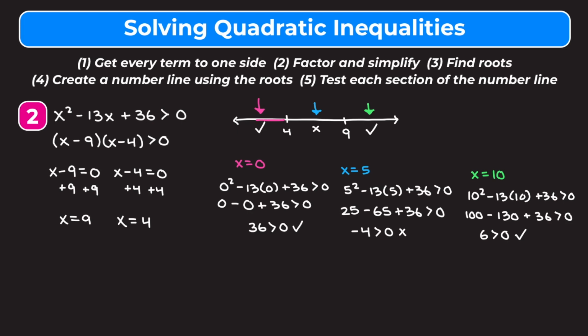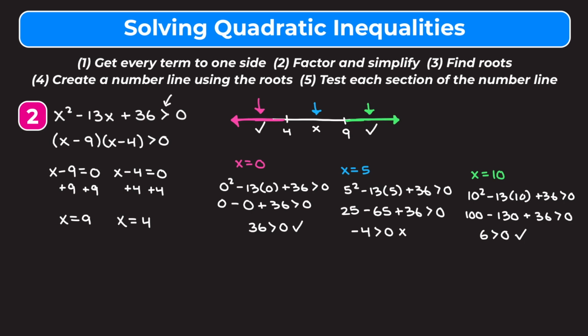So we know that this pink part of our number line contains solutions, so anything below 4. And then we know that our green part of our number line also will contain solutions, so anything above 9. And now we want to figure out if 4 and 9 are also solutions. So in this inequality, we know that x squared minus 13x plus 36 has to be greater than 0.